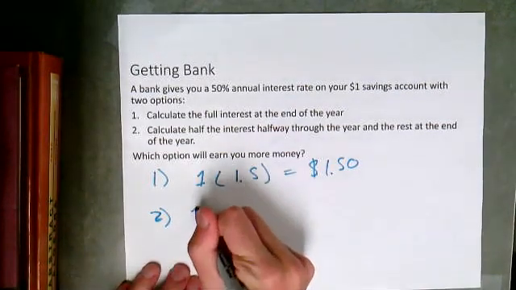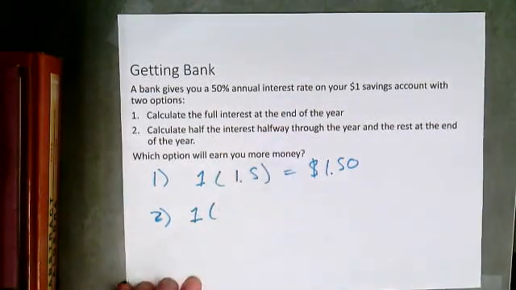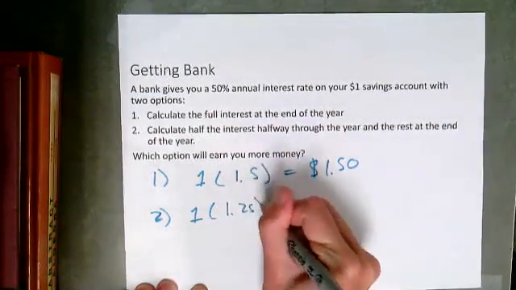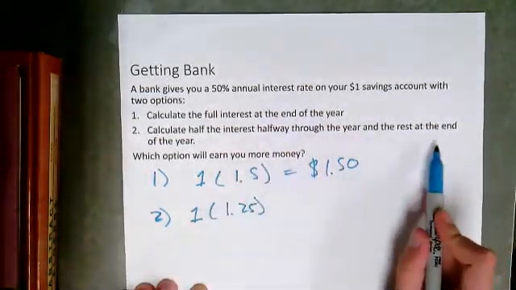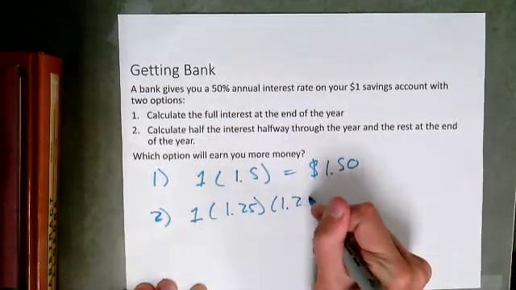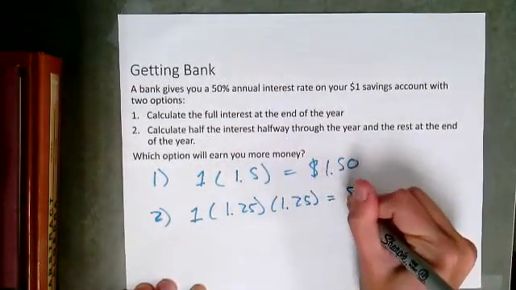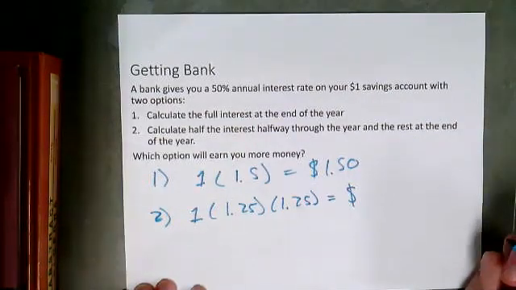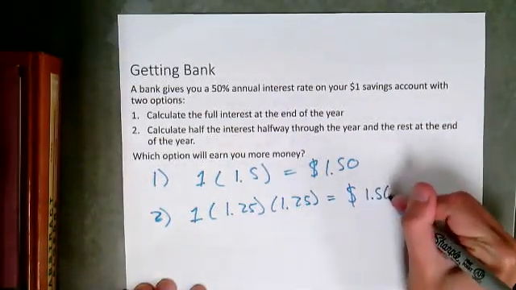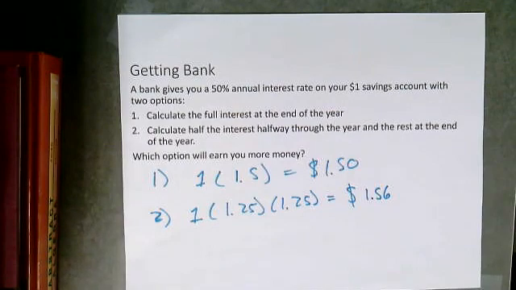So we're going to have that same $1 times 1.25, and then we do that again, the rest at the end of the year, times 1.25 again. And that rounded off to the nearest cent gets you $1.56.